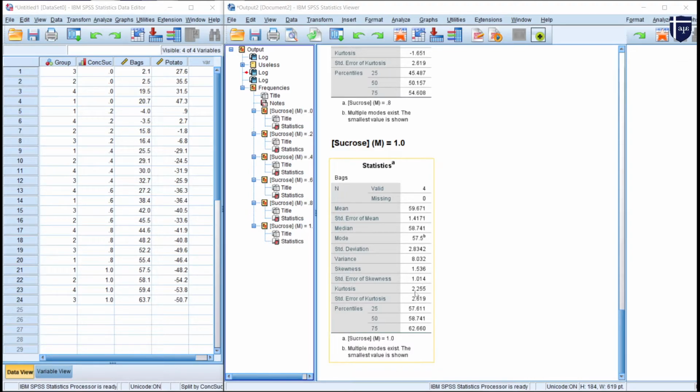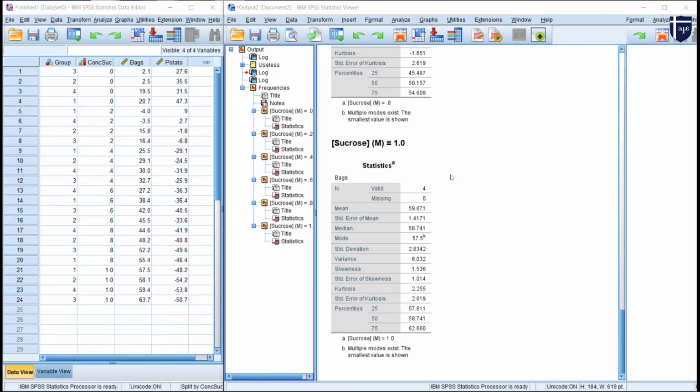And finally, the last one, skewness is good, kurtosis does violate it, but not by much. So it doesn't really matter. You violated the first rule of parametric tests, so you can't run it. Instead, you have to run a non-parametric test.